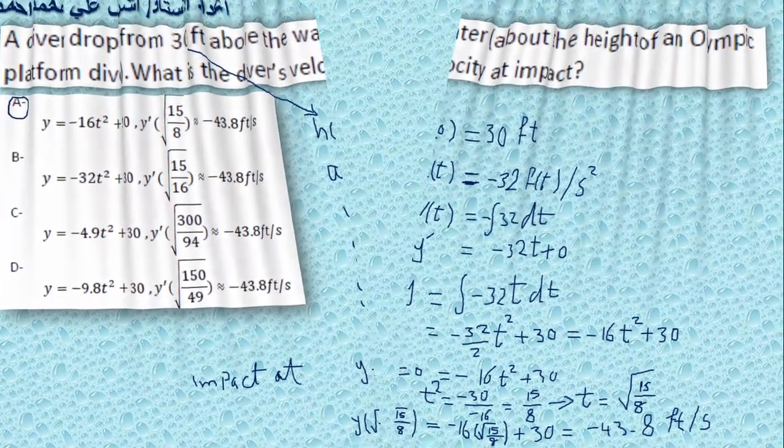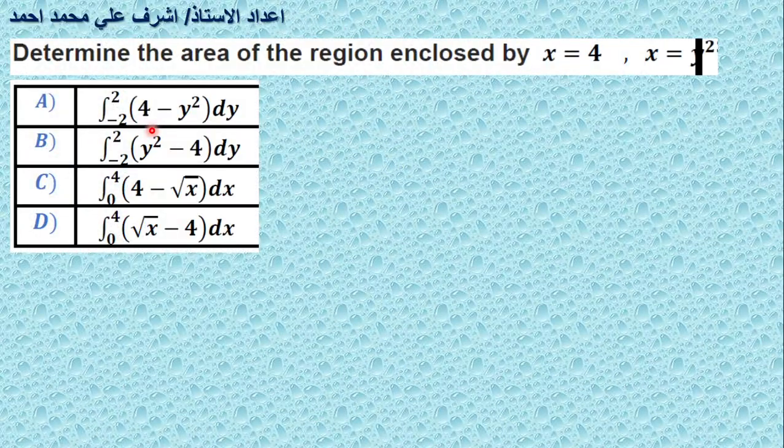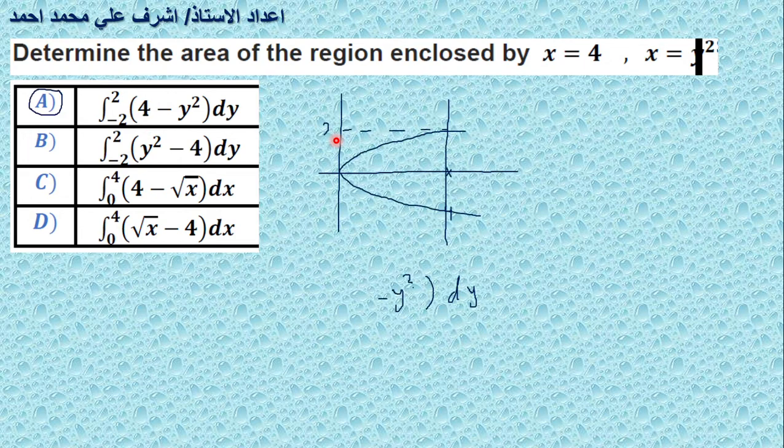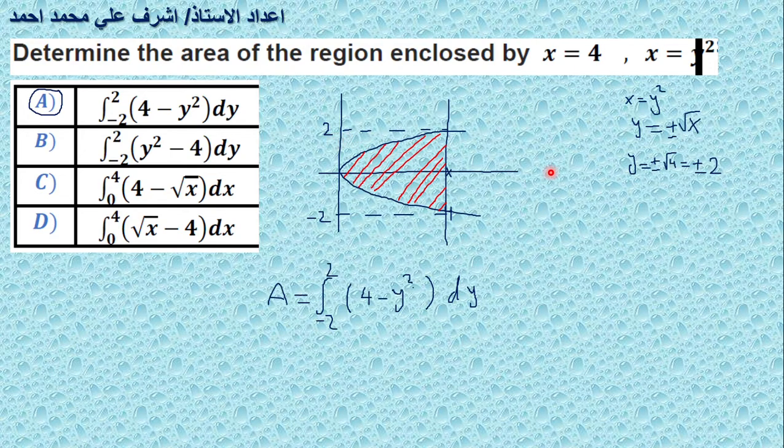Okay, guys. Next, determine the area of the region enclosed by x equals 4 and x equals y squared. We have to draw and sketch it.